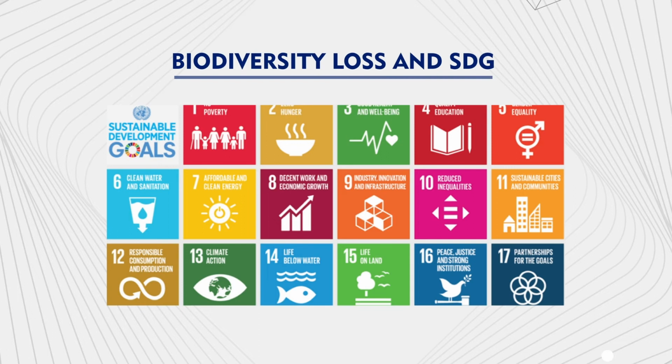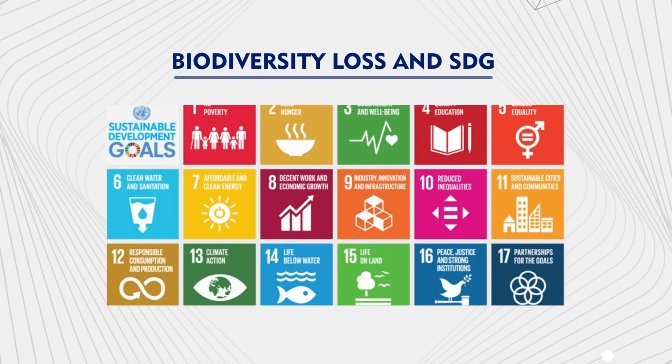For example, the current scenario of biodiversity loss poses a significant barrier to meeting different SDGs. Like goal number 1, which talks about ending poverty and hunger, it is biodiversity that gives us what we are talking about.